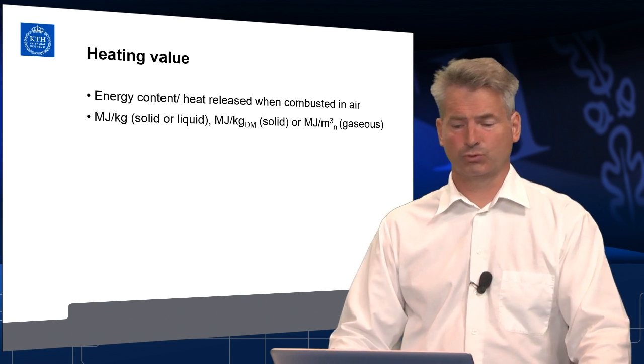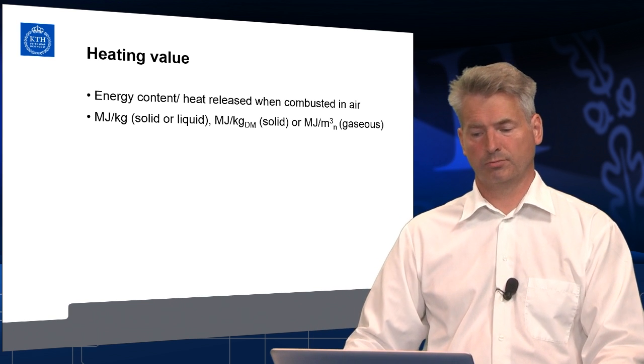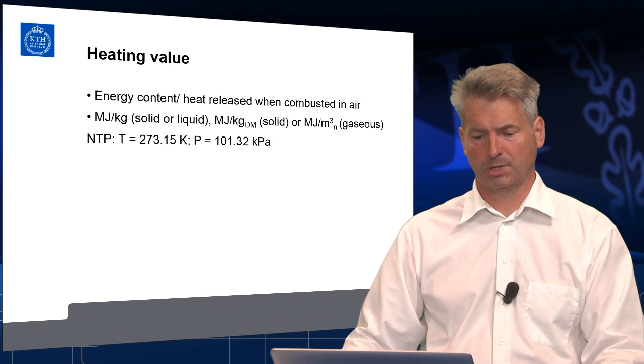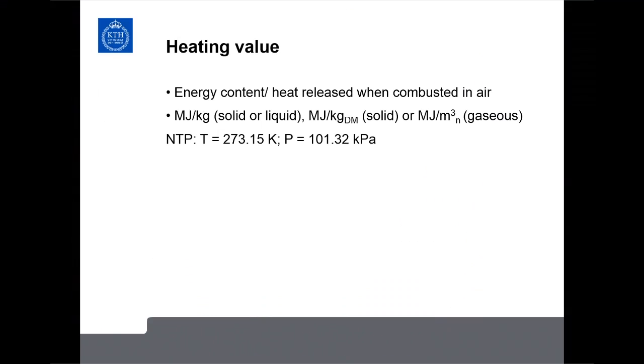When you have gaseous fuels, you usually define it as megajoule per normal cubic meter, where the normal temperature and pressure is 273.15 Kelvin, that is 0 degrees Celsius, and the pressure is 1 atmosphere or 101.32 kilopascal.